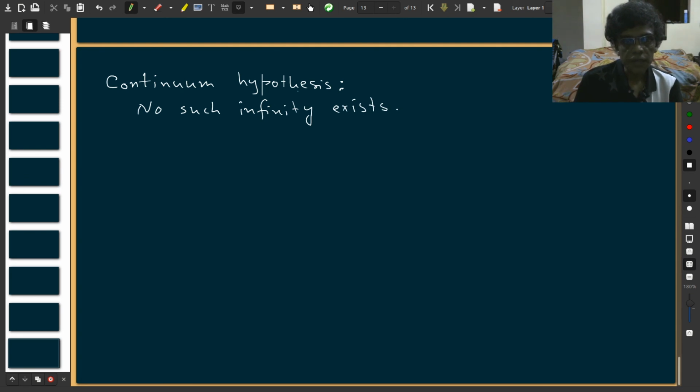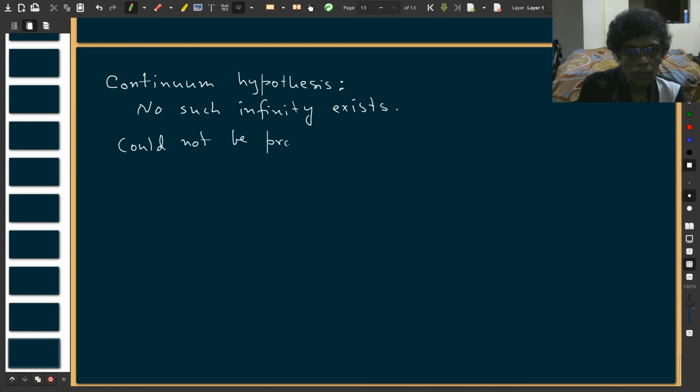Cantor hypothesized this and tried to prove it, but could not prove it, and got mental depression and all that stuff. Later, it could not be proved by Cantor.